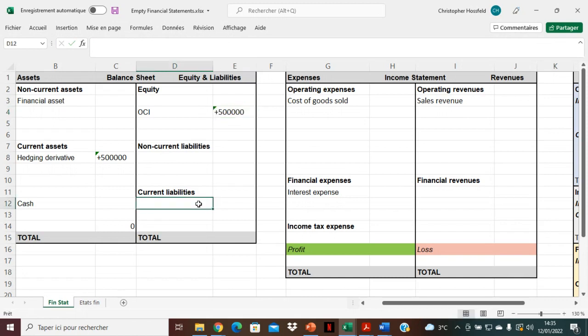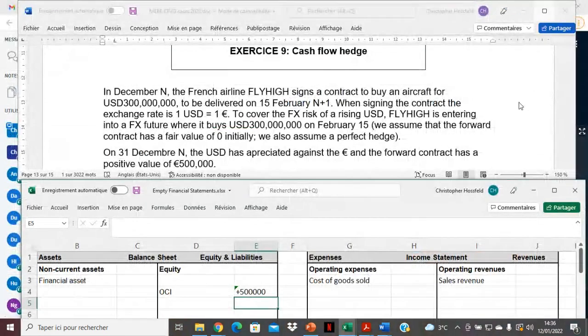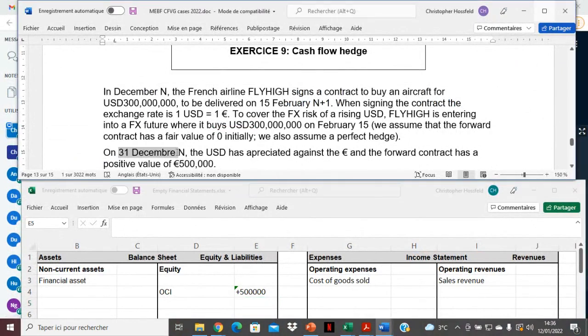Well, if the derivative value moves in the wrong direction from my forecast perspective, I would recognize a hedging derivative as a liability. And if we assume that the value is 300,000, that would be a loss, and the loss would be recognized in OCI. So either the value of the derivative moves in the right direction, and then it's an OCI gain, or the derivative moves in the wrong direction, then it's an OCI loss. But here we have a gain. Okay, so far so good. That's the situation at the end of December N.